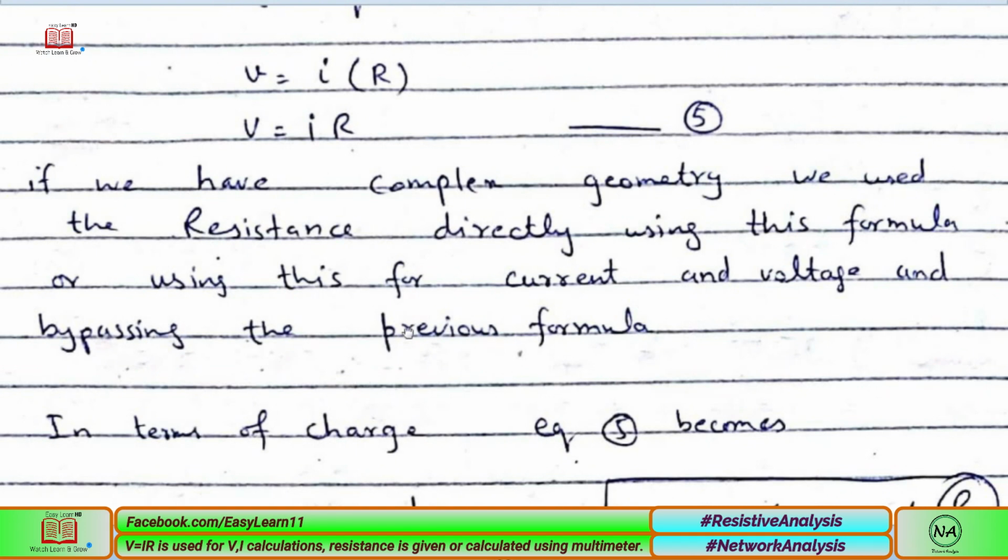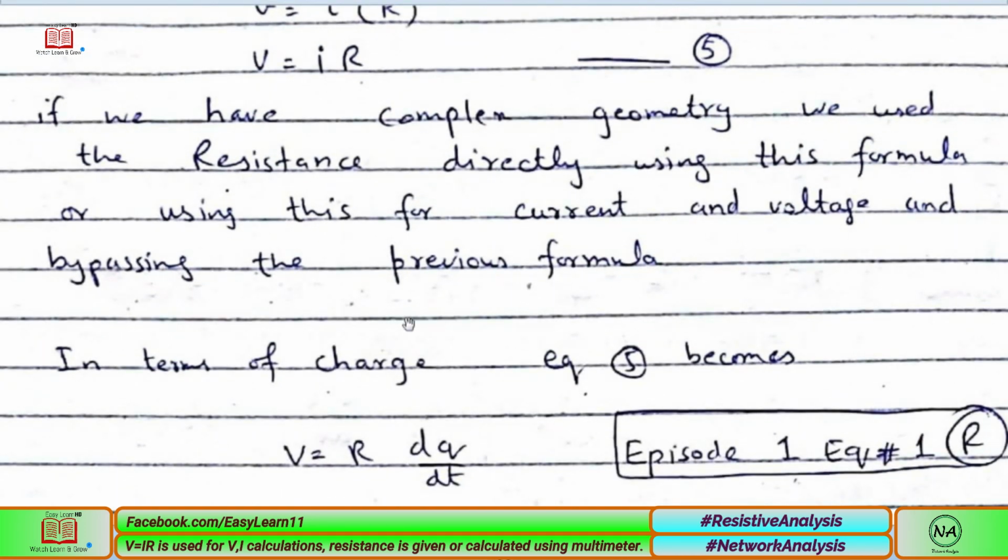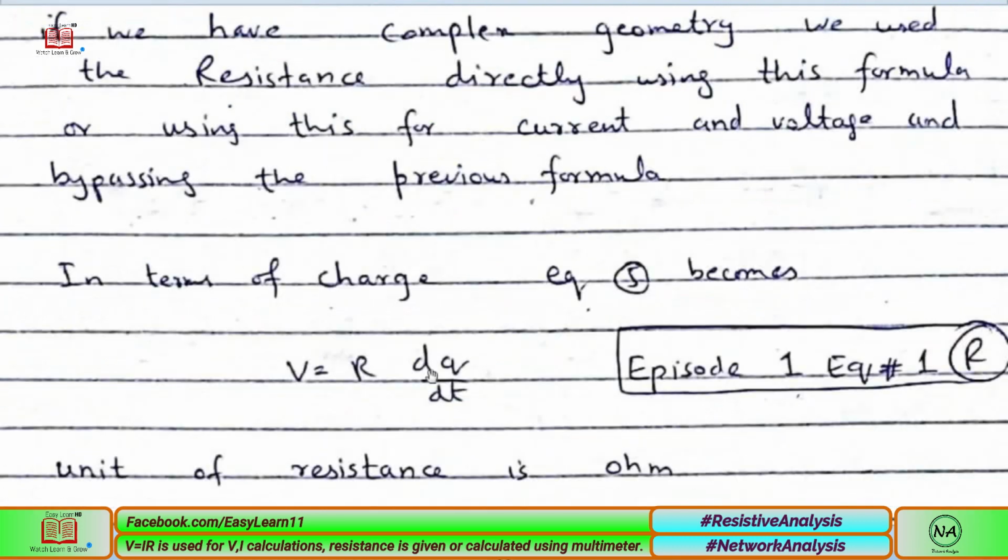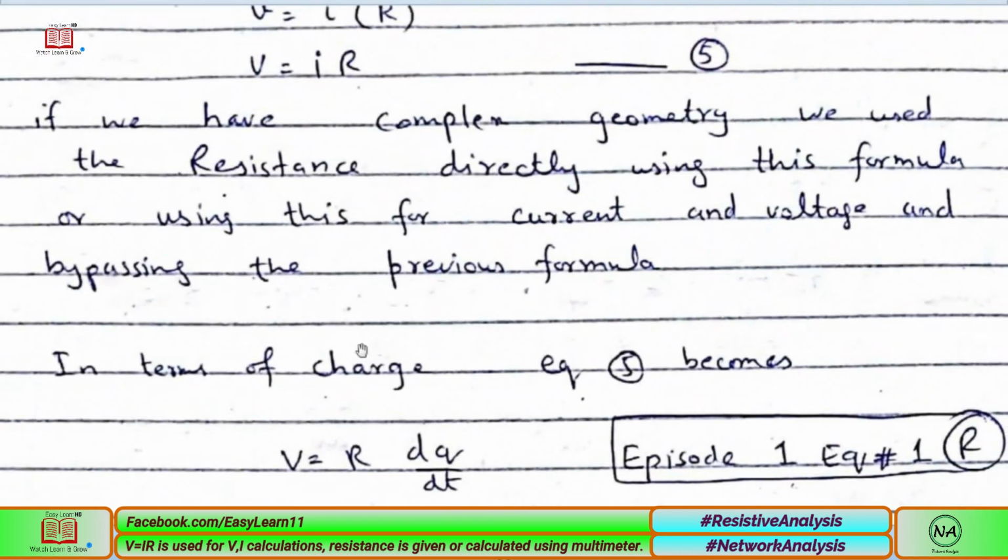Just before we terminate this episode, let's take a look at some useful terms, that is V is equal to R dq over dt, in terms of the charge. Let's suppose in a numerical the current is not given but the charge is given. If you don't forget, I taught you in episode 1 that current is equal to the derivative of the charge with respect to time.